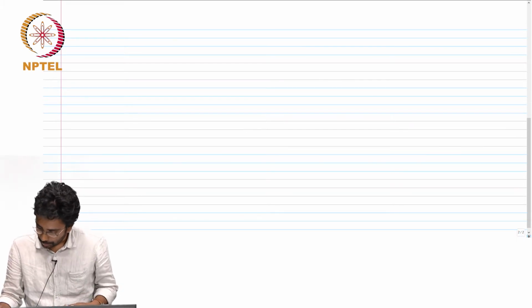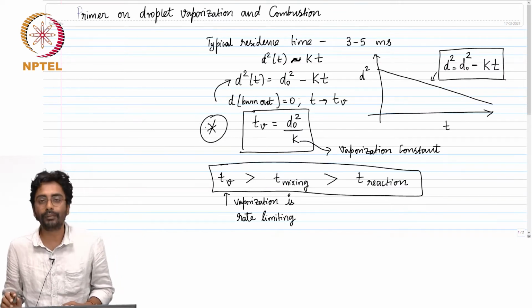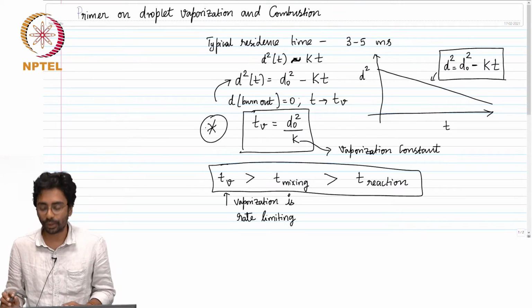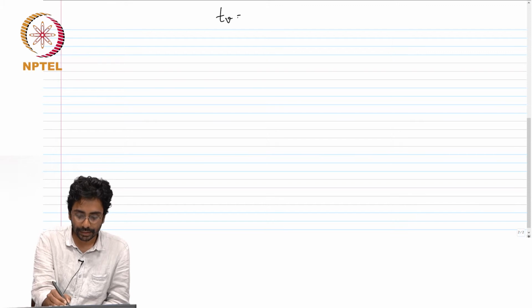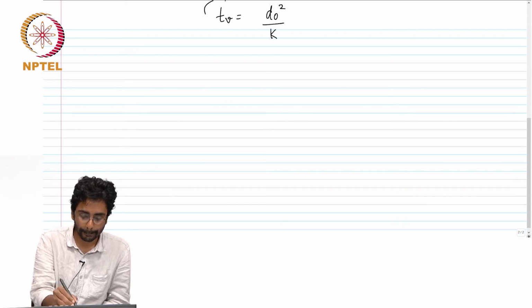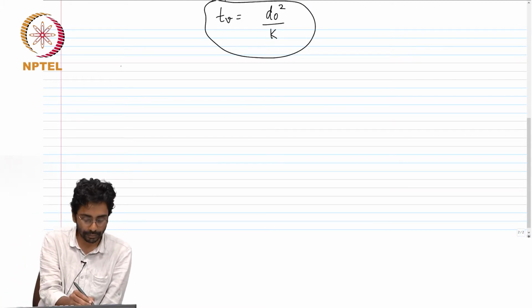Let me remind you that, remember this formula which I am marking with a star, time for vaporization is equal to d0 squared by k. Maybe I will write this again, Tv is d0 squared by k. Remember this.